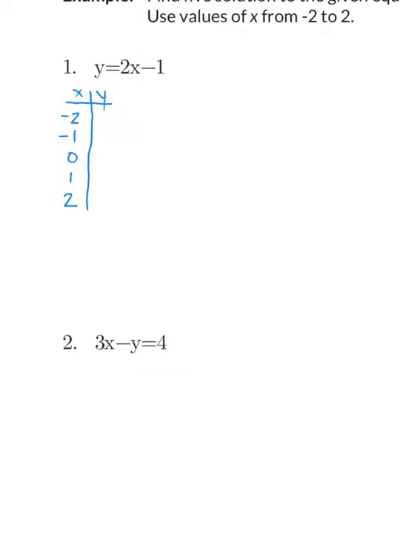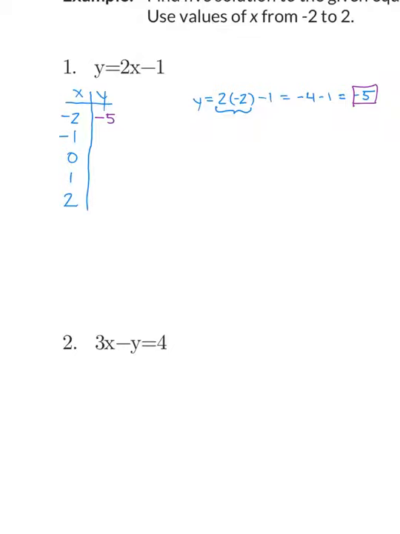So in order to do this, we're going to plug in -2 for x, and I want to simplify for y. If we plug in -2, we get 2 times -2 minus 1. 2 times -2 is -4 minus 1. And if we combine this, we get -5. So I'm going to record the -5 in my table. Okay, we're going to start again.